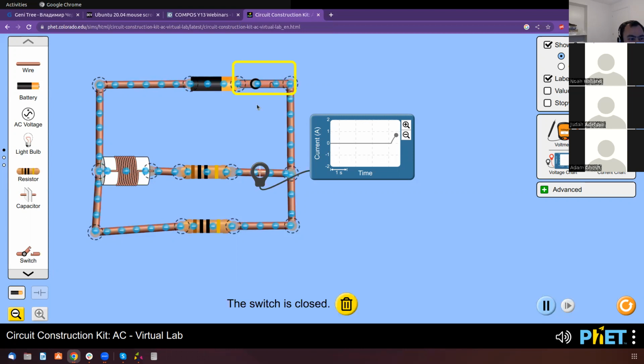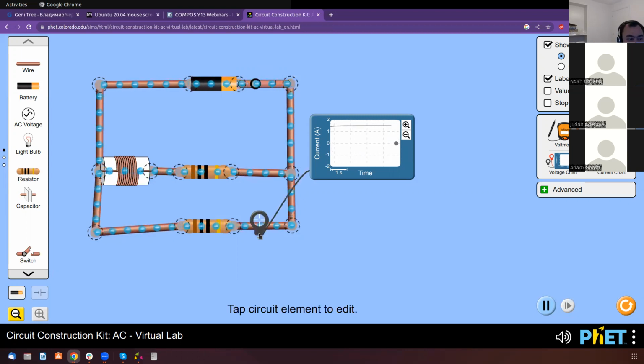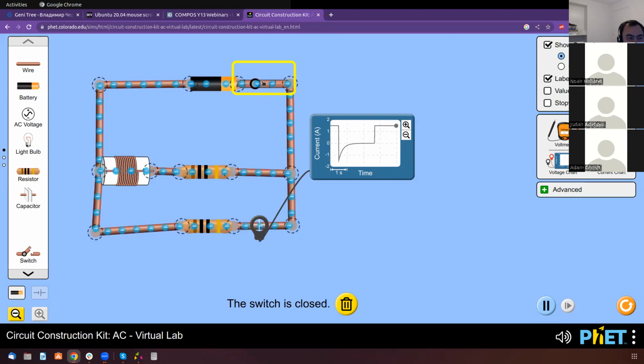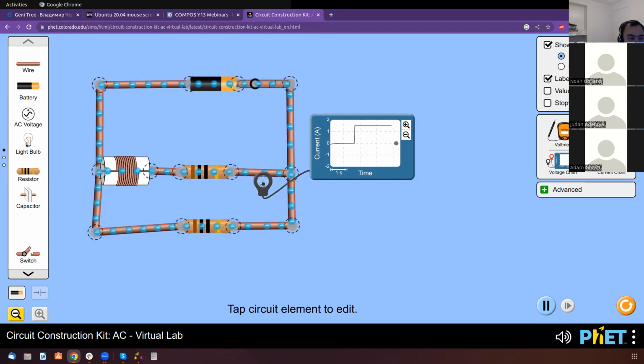When we close the switch, the current starts to build up, just as it does in the previous one. So the current builds up slowly, because if you look at this current, it's not slow, it's just instant. Okay, so the current here is established. So we have just a normal circuit. There's nothing extraordinary happening here.